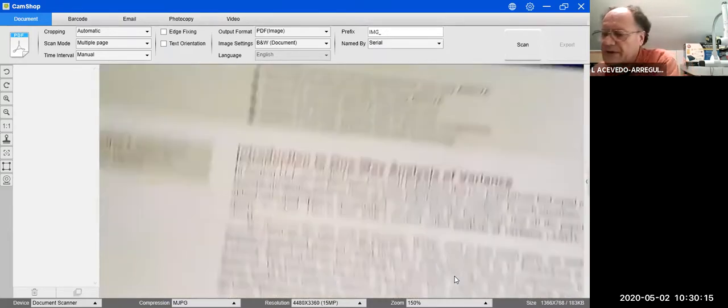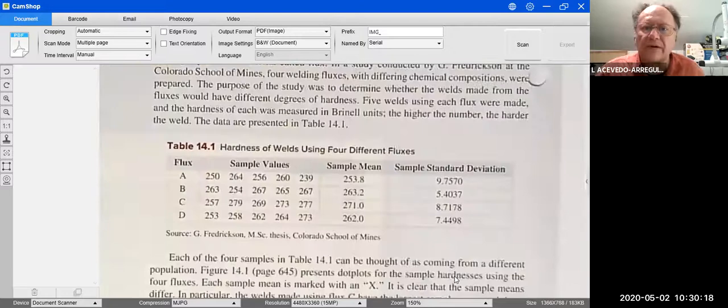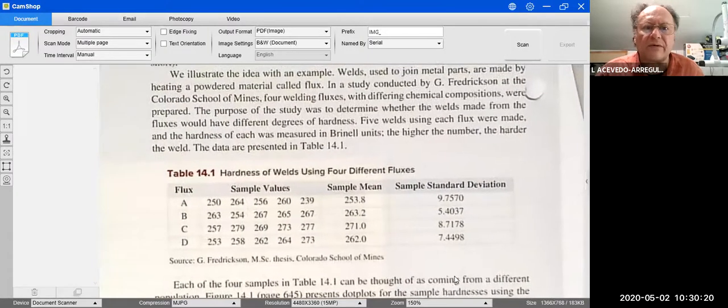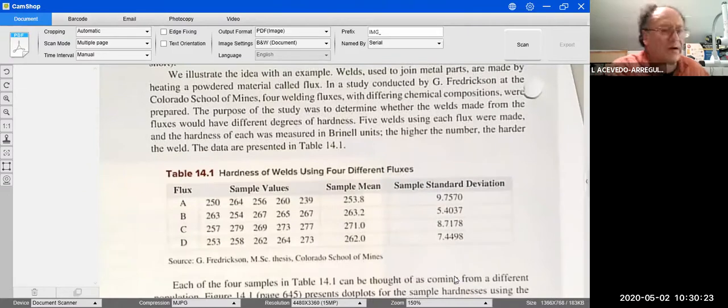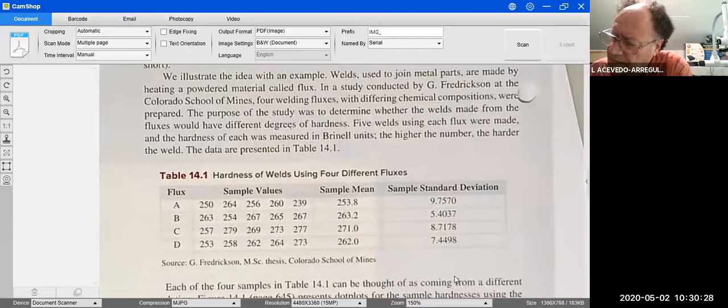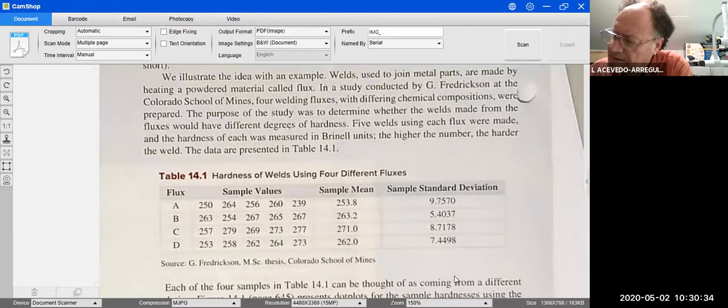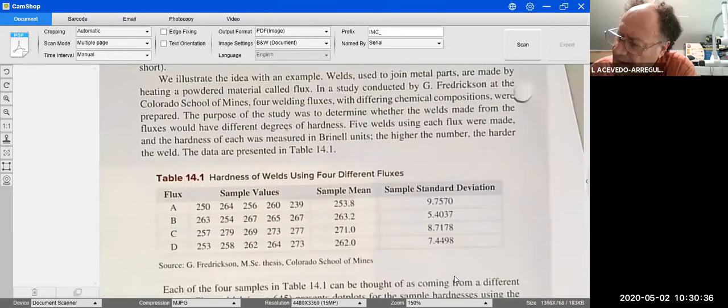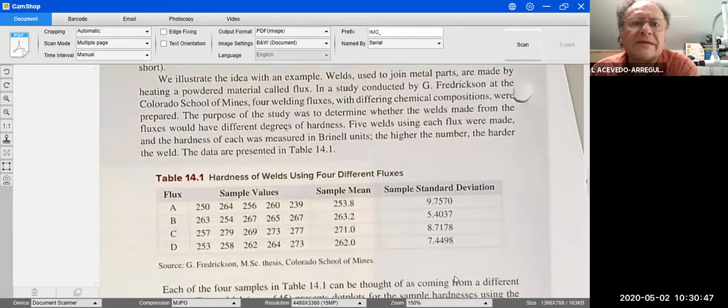If you go to page 644, you're going to find table 14.1. That table is about welds used to join metal parts. Metal parts are made by heating a powdered material called flux. In a study conducted by G. Fredrickson at the Colorado School of Mines, 4 welding fluxes with different chemical compositions were prepared.